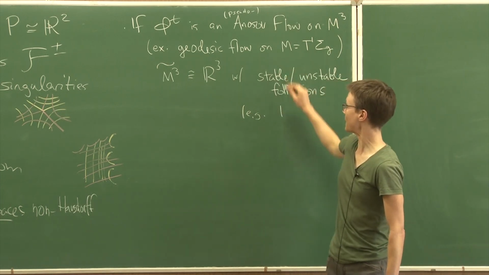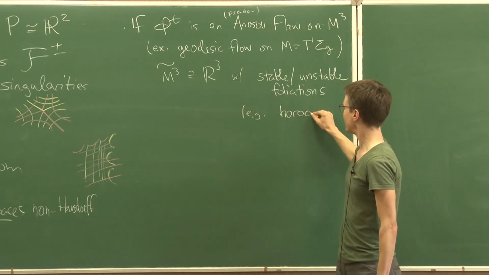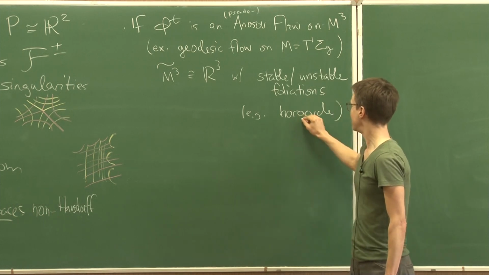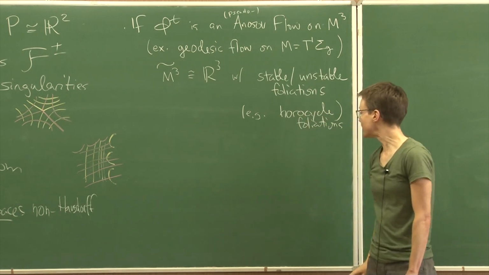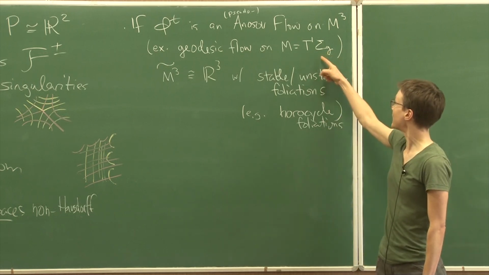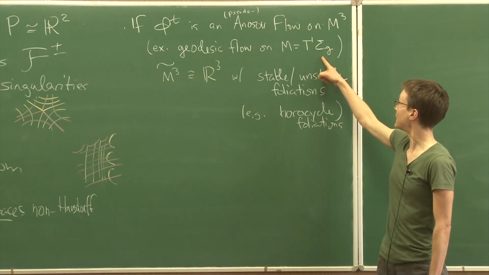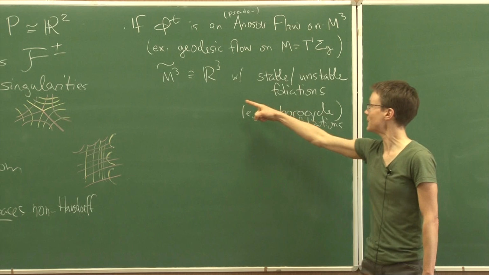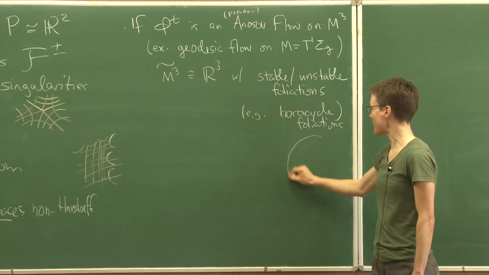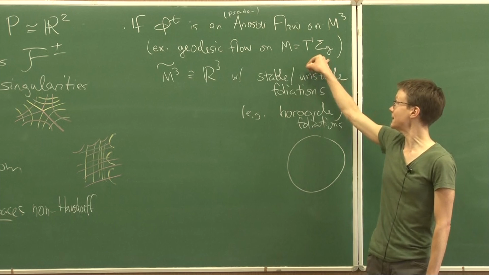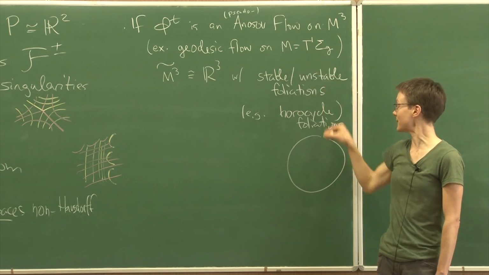So following along my example, what does this look like if I took the, I can't draw a picture of the universal cover of the unit tangent bundle very well, but I can draw the hyperbolic plane. I'll draw the universal cover of the surface.